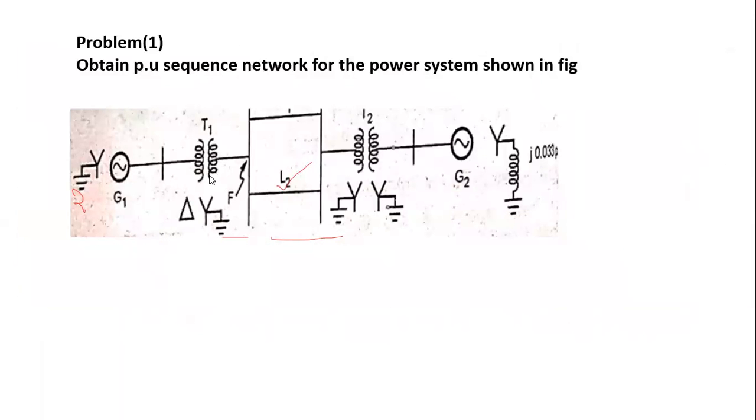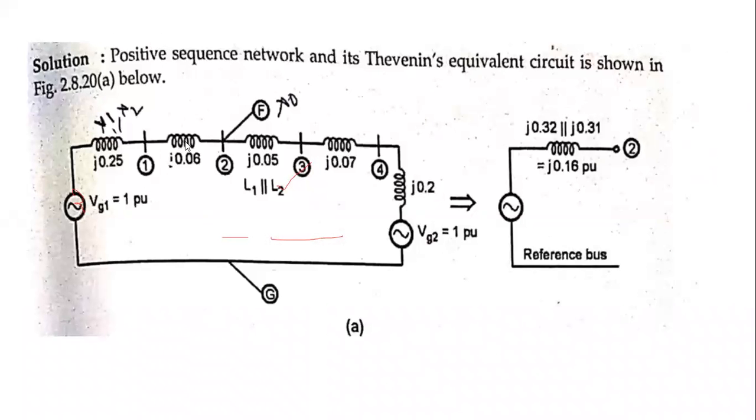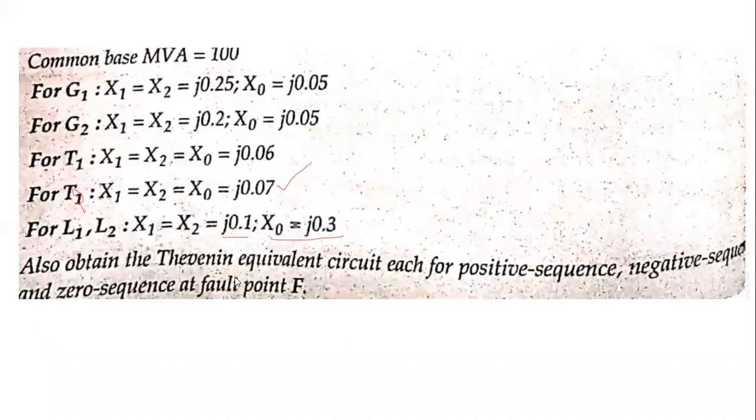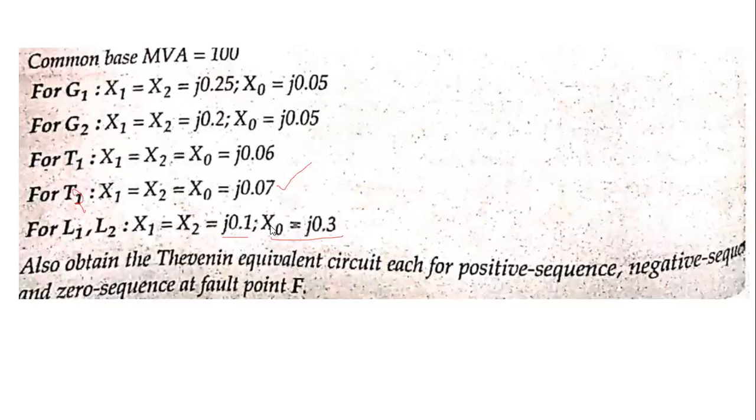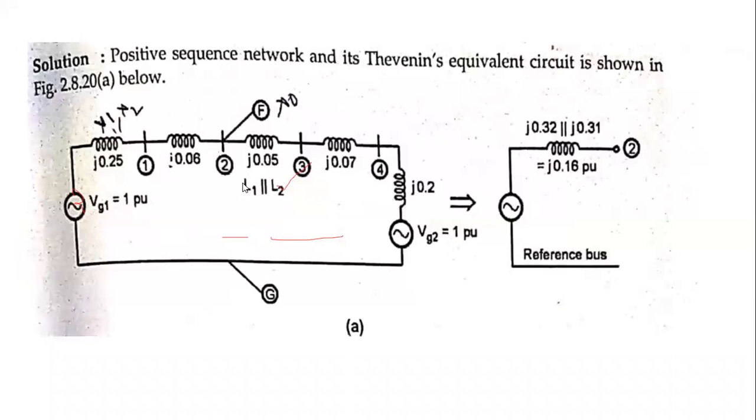Next, what is this? That is the transformer. The transformer equivalent reactance is in series with that generator, and its value is J0.06. Next, there is a fault, and then we connect the two transmission lines.